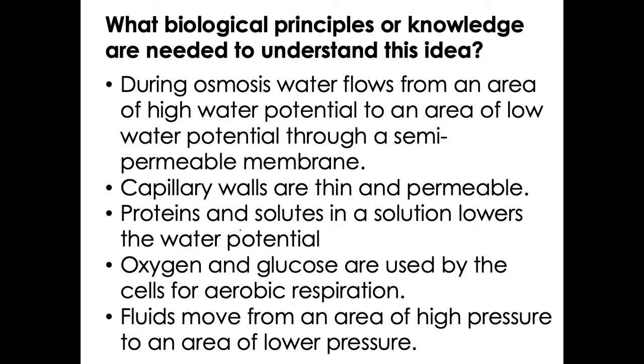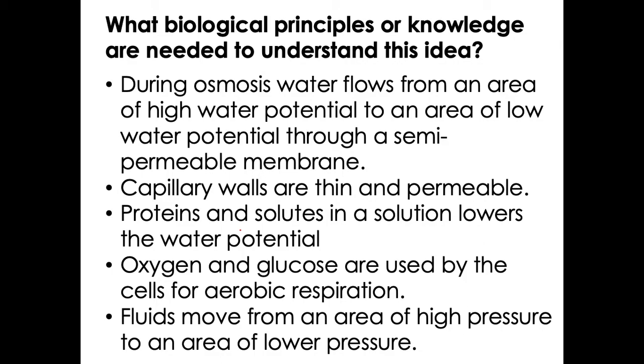We have to know about why oxygen and glucose would be in the tissue fluid and why they would be diffusing into cells. Well, both of those are actually used up in aerobic respiration, so therefore we've got a concentration gradient where we've got a higher concentration of glucose and oxygen in the tissue fluid, so it will diffuse into the cells.